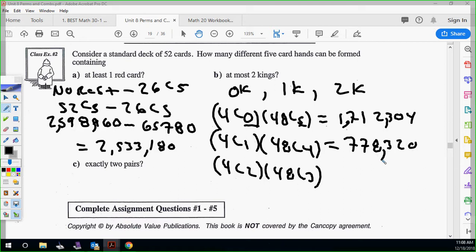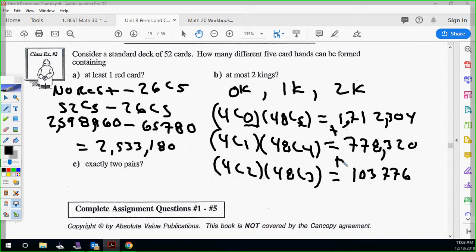And then the third one is 103,776. So you can kind of see, chance of getting no kings is pretty common. Chance to get 1 king, decently common. Chance to get 2 gets a little bit smaller. It keeps getting smaller the more specifics you're looking for.